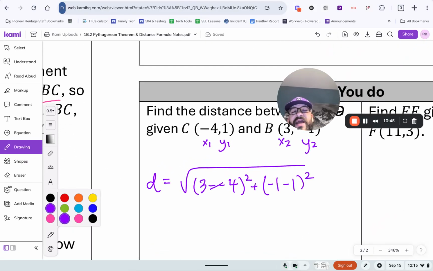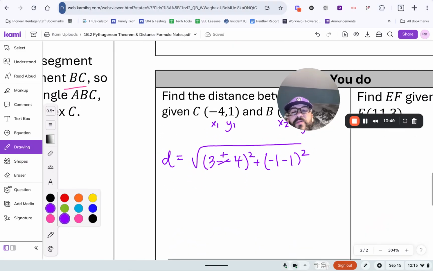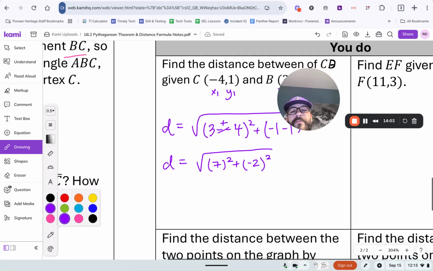This negative and a negative are going to cancel out and make a positive. So 3 plus 4 would give us 7. And then negative 1 minus 1 would give us negative 2. Now, another important thing to note when we're squaring it, obviously our 7 squared is going to give us 49.